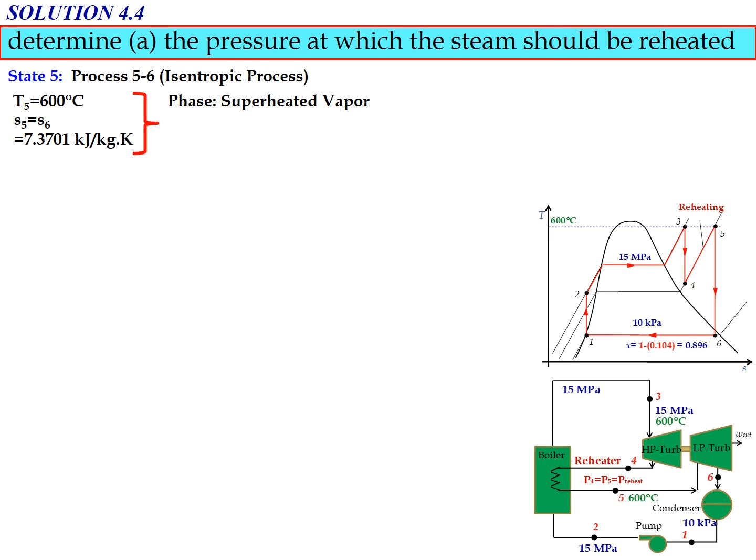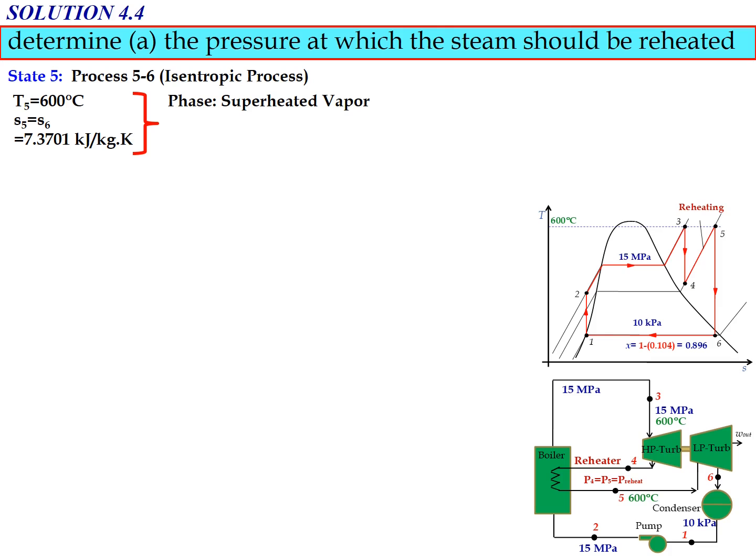If you look after the heating process, normally the state will be superheated. So state number 5 is in the superheated vapor region. However, if you want to check whether the phase is correct or not, you need to use the same procedure, where you need to refer to the saturated water table, determine the values of SF and SG, compare the value of S5 with SF and SG from the table, and then you can determine the phase.